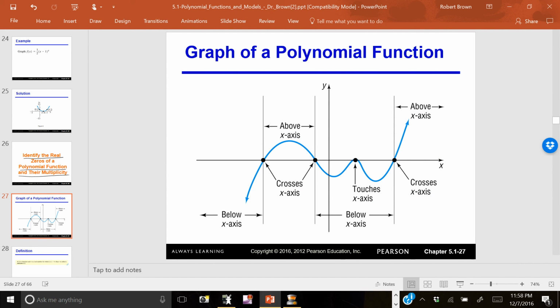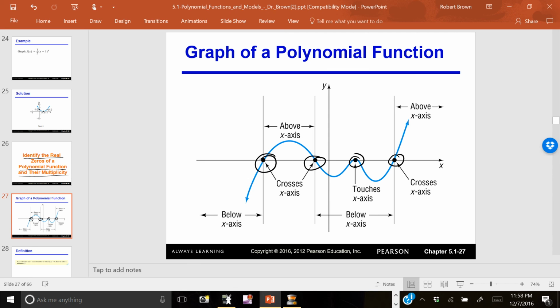First of all, look at a typical polynomial function, and this one shows enough information to get across several different concepts. First of all, you want to look at what we call x-intercepts, where the function crosses the x-axis.